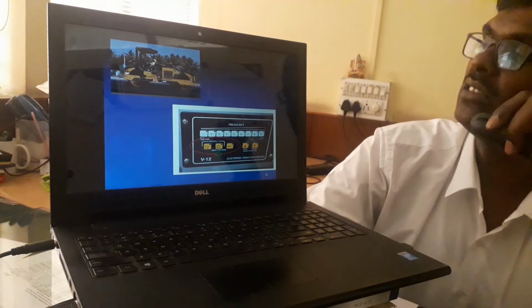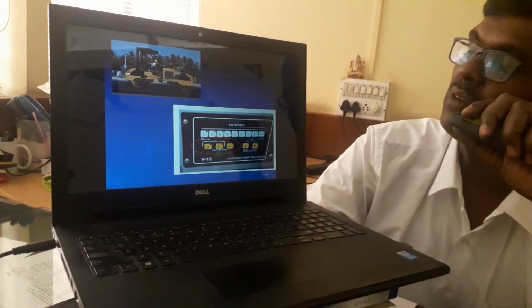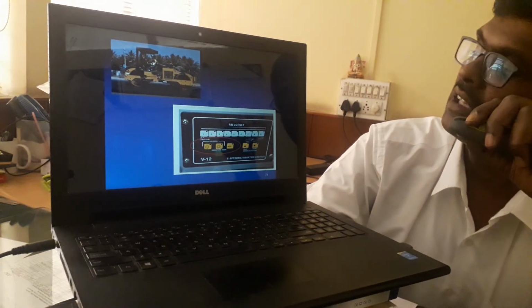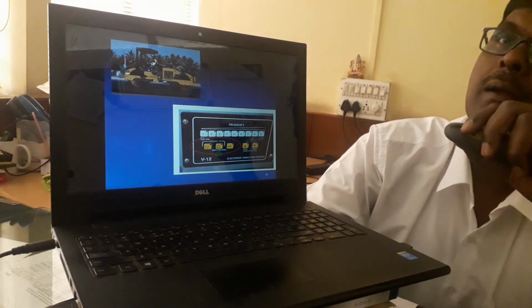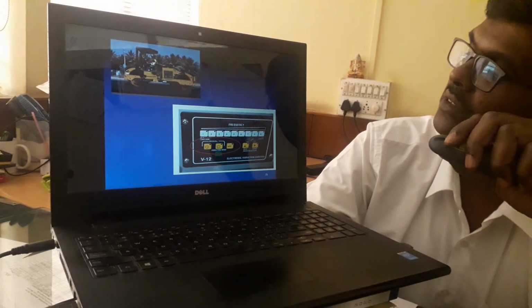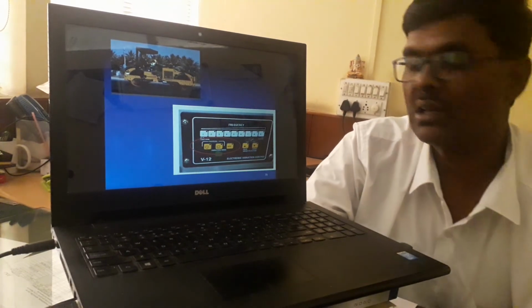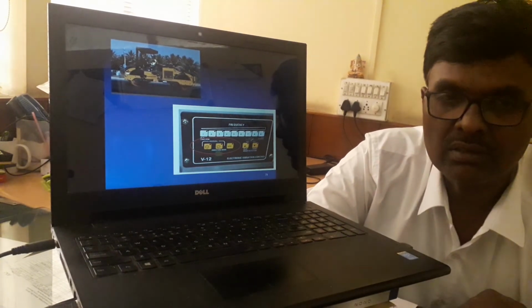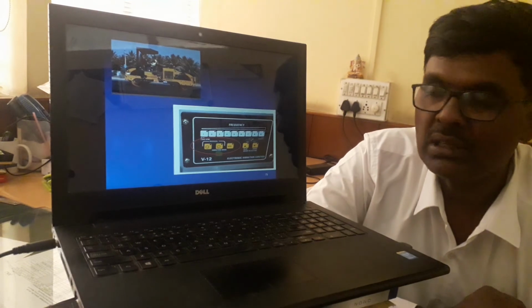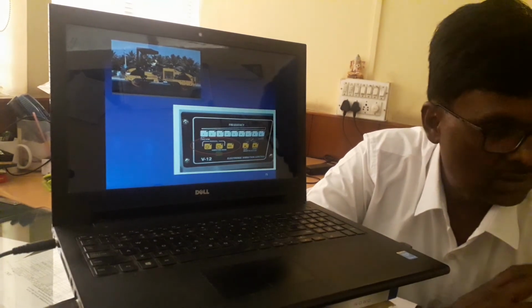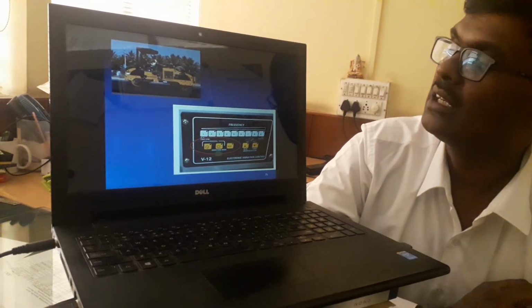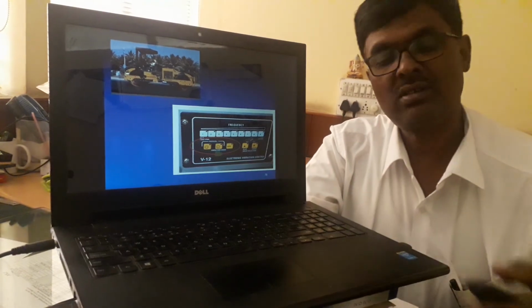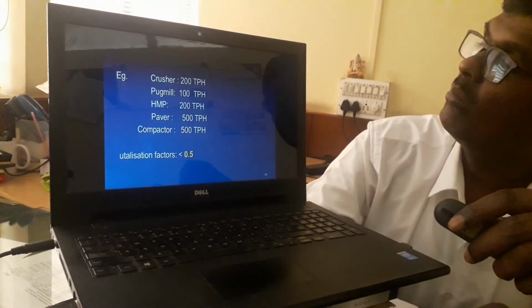Generally for soils we use high vibrations. For asphalt layers we use less vibrations. That means whenever we are compacting an asphalt or bituminous layer, frequency will be high, amplitude will be less. Whenever we are compacting soil or aggregate layers, frequency will be less, amplitude will be more.